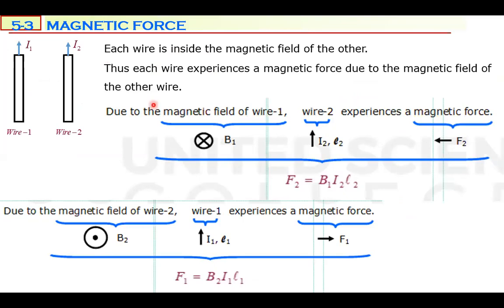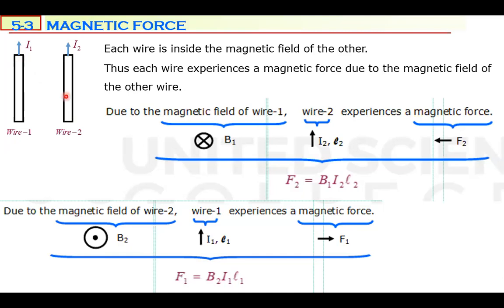For example, the first wire, because it carries a current, produces a magnetic field here on wire 2. Due to the magnetic field of wire 1, wire 2 experiences a magnetic force. So by the right-hand rule, I can get the direction of the magnetic field of wire 1 at the location of wire 2.